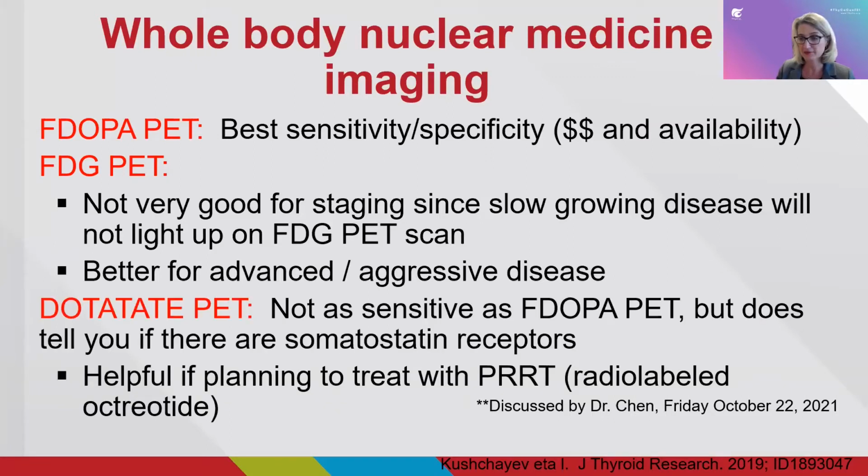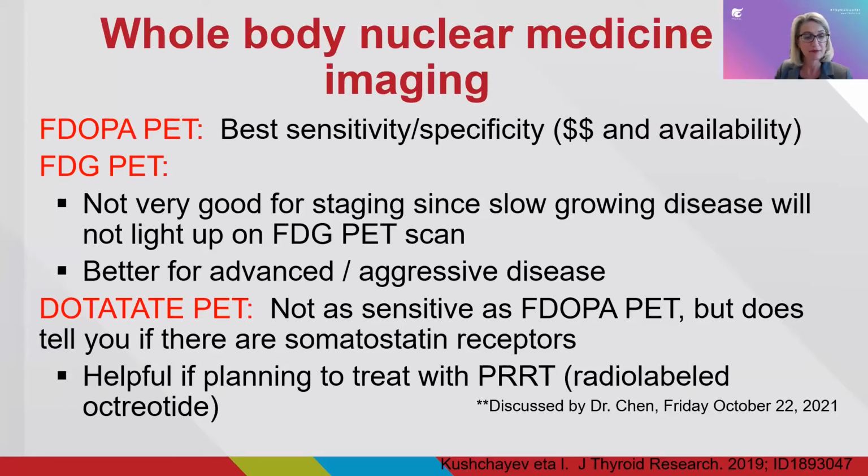And then DOTATATE PET is a newer type of PET scan that looks at octreotide receptors, or somatostatin receptors, on the tumor, because many neuroendocrine tumors, which medullary is, have these somatostatin receptors.